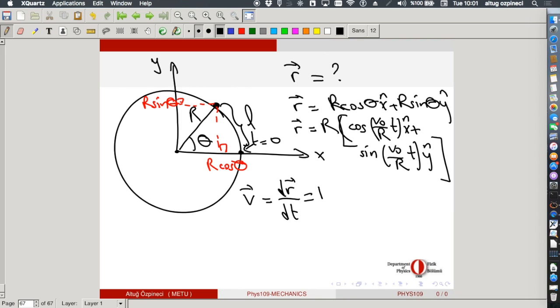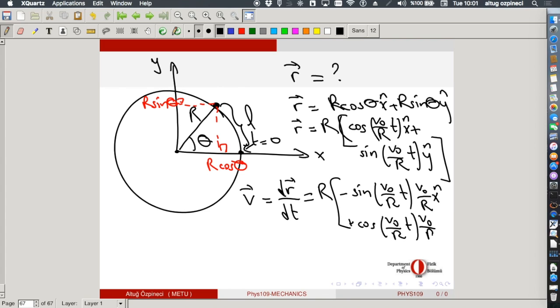R times, what is the derivative of this cosine? Okay, minus sine of V0 over R t times V0 over R in the x direction plus cosine of V0 over R t times V0 over R in the y direction.